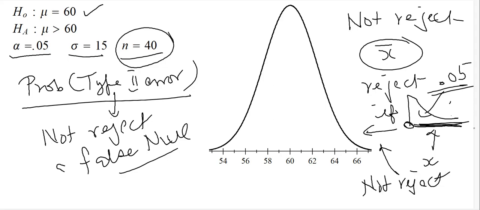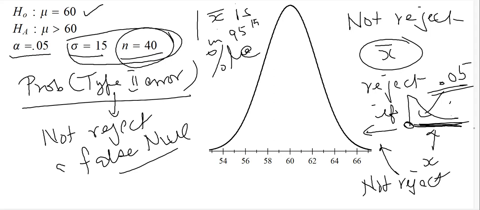Or in other words, if x bar is in the 95th percentile of this normal distribution with mean 60 and standard deviation how much? What is the standard deviation of sample means? 15 over square root of 40, that is sigma over square root of n.